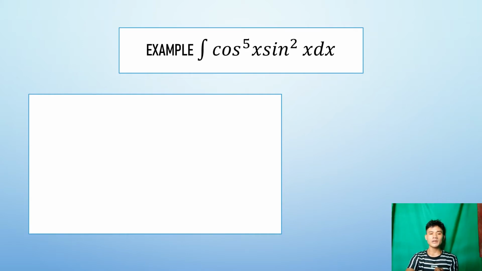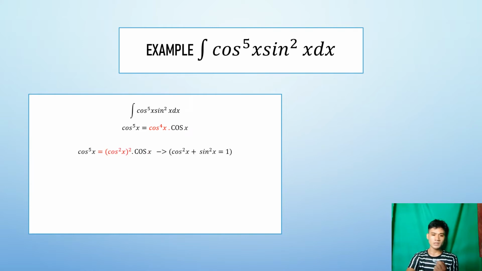As you remember in our review example, we just do the exact same thing. We just find the value of cosine raised to the power of 5x, which we all know is the same as cosine raised to the power of 4x times cosine x. And we can rewrite cosine raised to the power of 4x as cosine squared x, quantity squared, times cosine x.